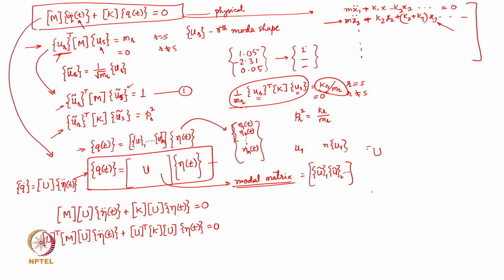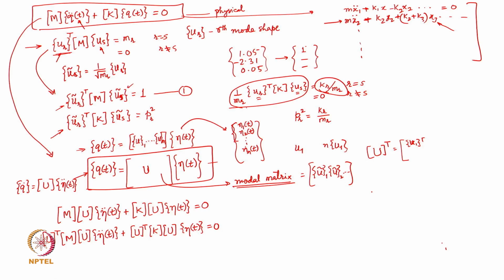U transpose means what? In this I will have your U1 transpose, is it not? The second row, I will have the second row here U2 and so on, right.